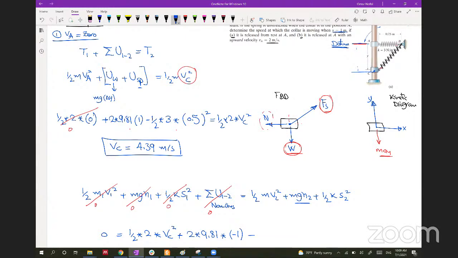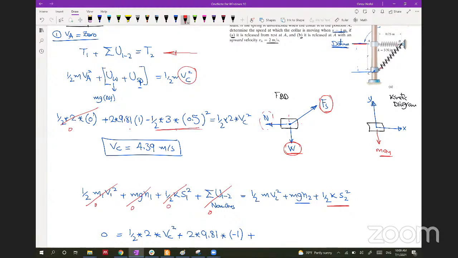So the next term is the spring energy. So what is the sign of this energy, like this term? Is it going to be positive or negative? Negative. Actually, it will be negative if we are dealing with this equation as a work. Like if we are considering the spring is doing work, it will always be negative here.